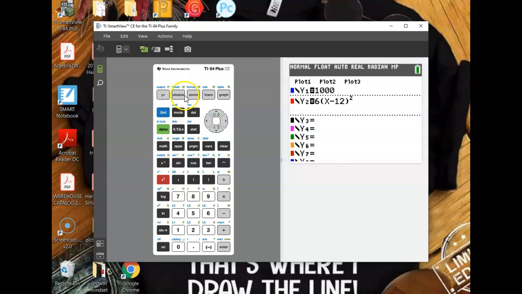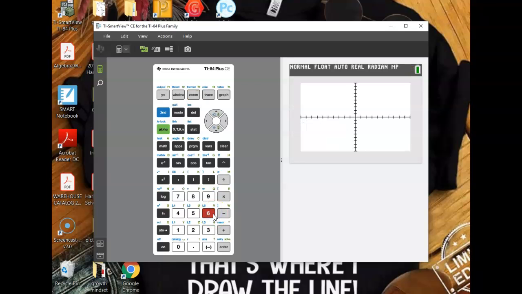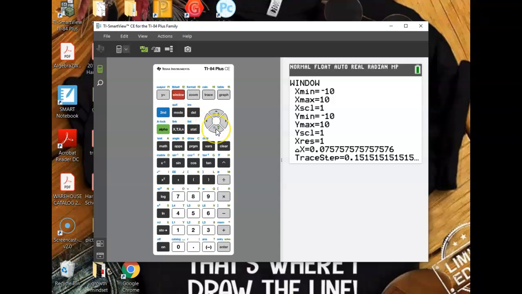Okay, so my standard window is totally blank. One of the lines I graphed was clear up at 1,000, so I need my window to go up to 1,000. Which number is that? Not x max, because it's up and down. So it's y max.